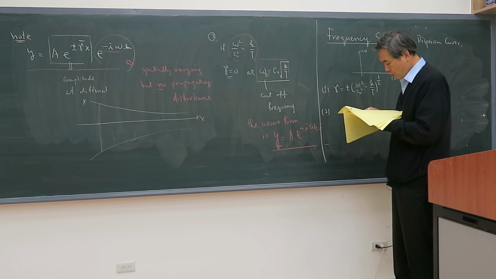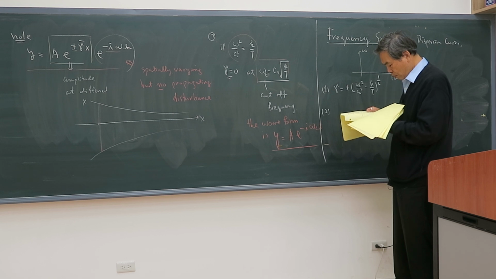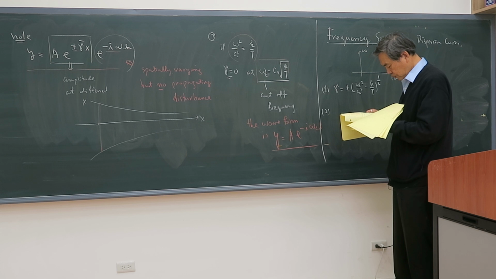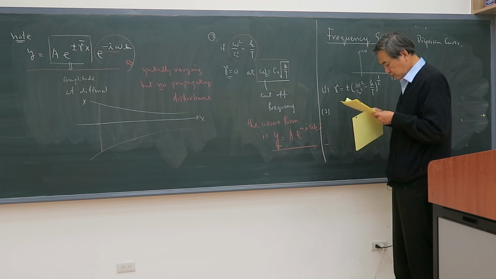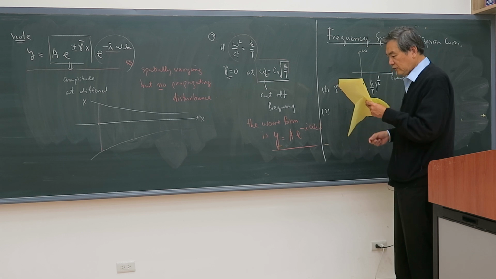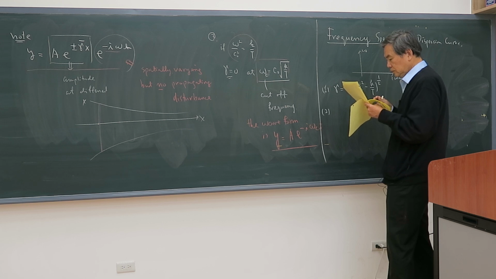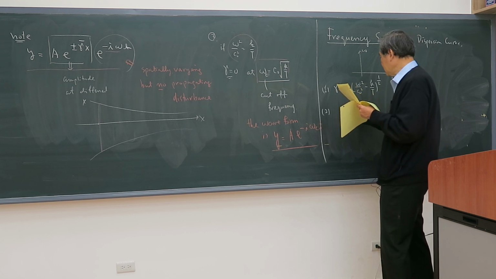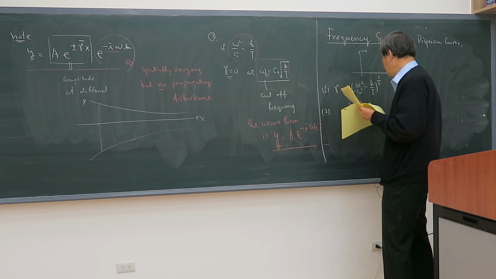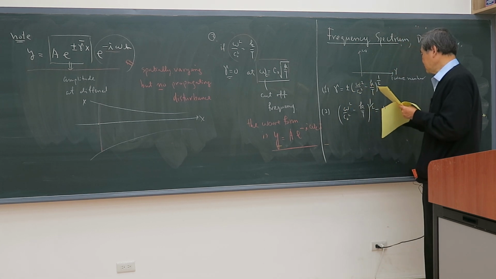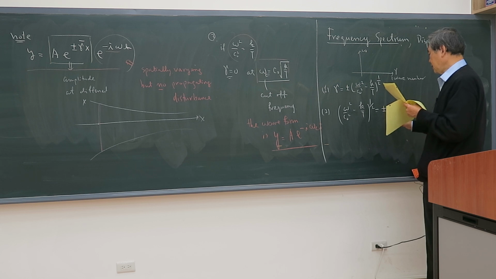We have omega square over c0 square minus k over t, the square, equal to plus or minus i gamma bar.